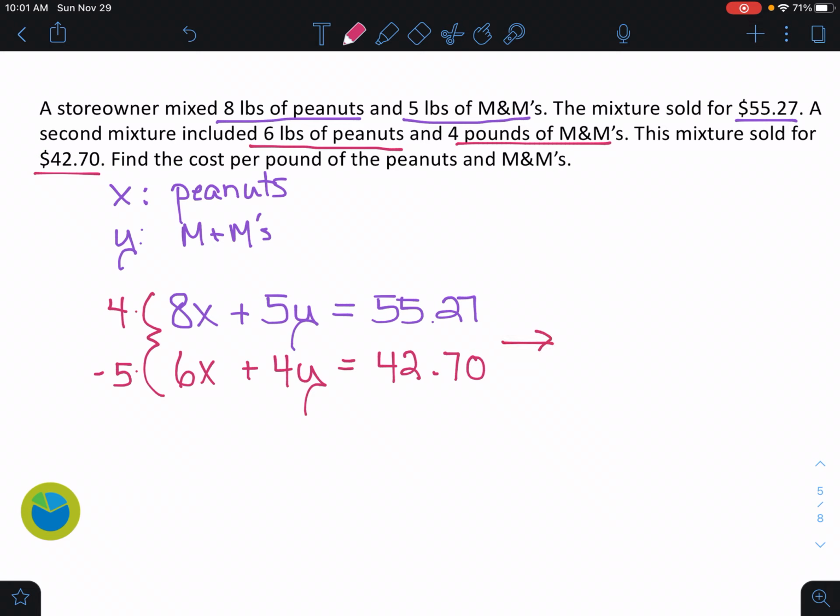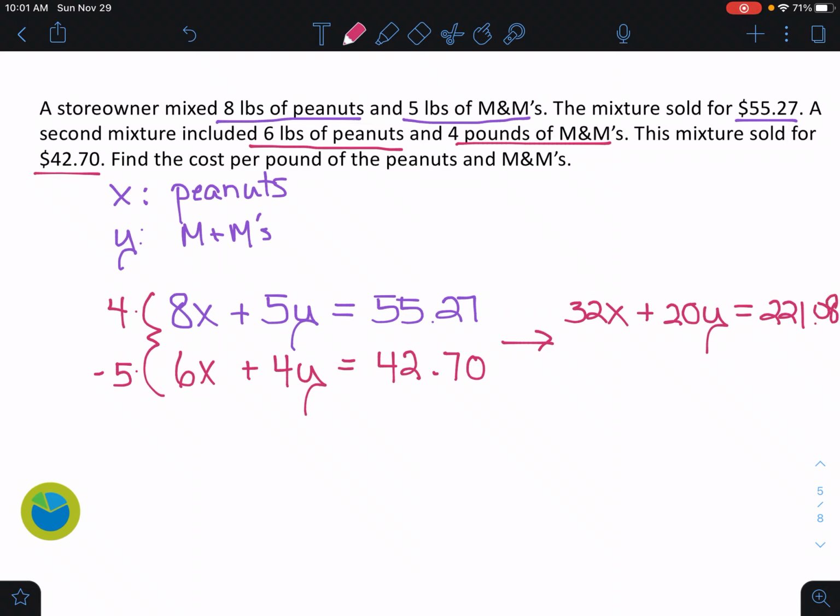So we'll have 32x plus 20y equals, and now you break out your calculator. I'm going to do that. See here, 4 times 55.27 gives us 221.08.